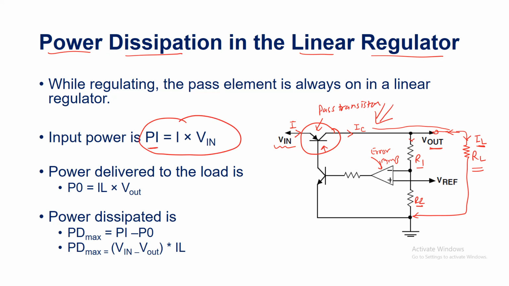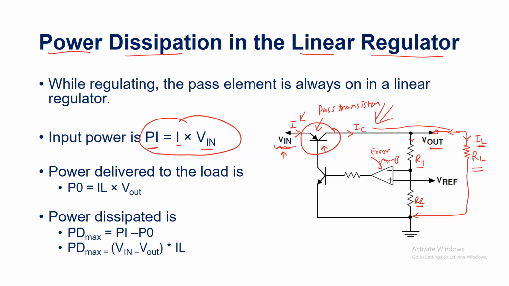So the input power in that situation is going to be given by this expression. Power is equal to voltage times current. So I is the current that is coming to the circuit from the supply, and V in is the input voltage right over here. Now, the power delivered to the load is again power equal to current times voltage.